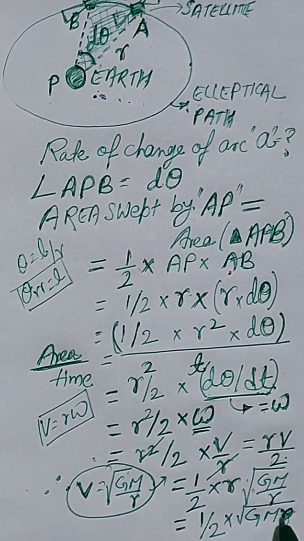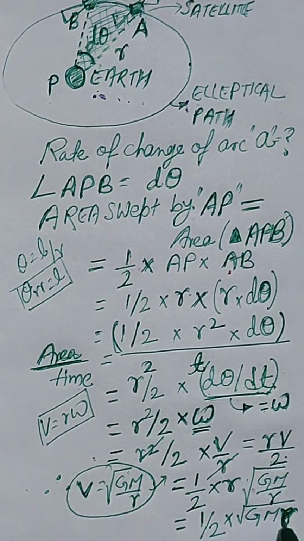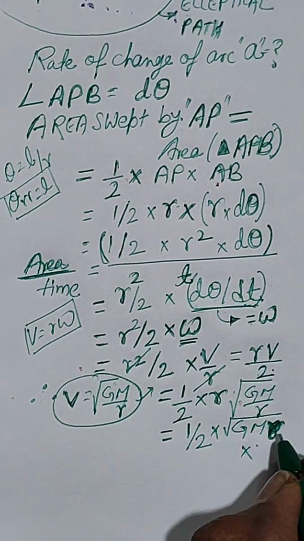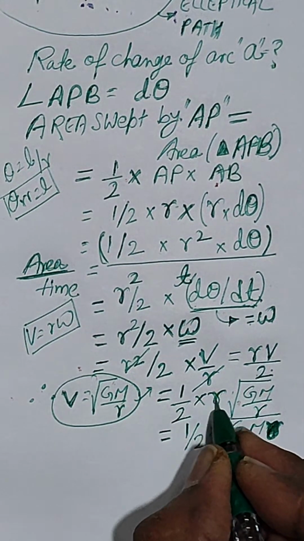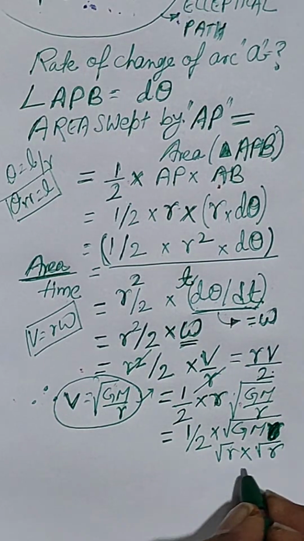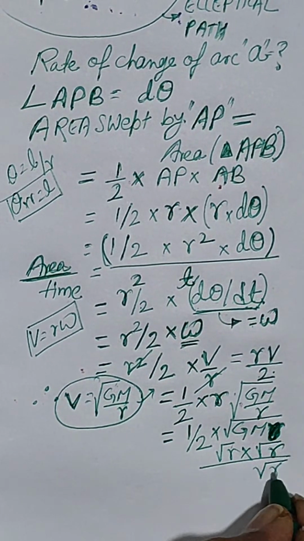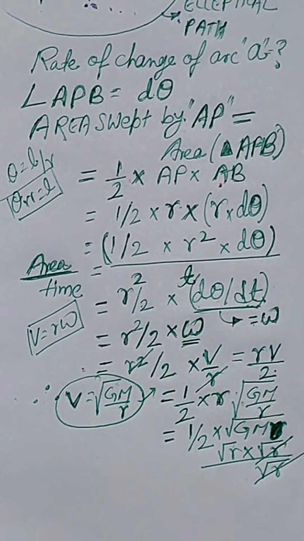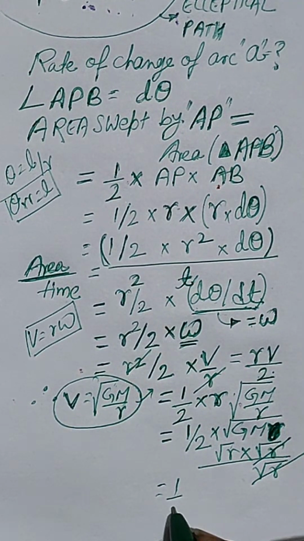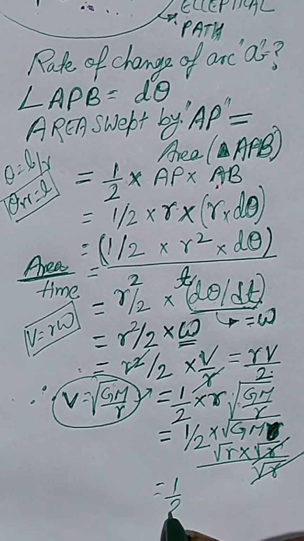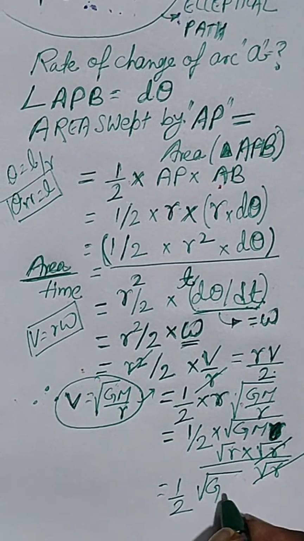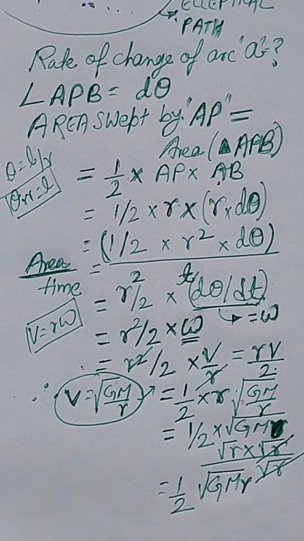So we can write, let us keep root over GM as it is, and this r can be written as root r into root r, and the whole divided by root r. This root r will be cancelled, and this is equal to half into root over of GMr, right?